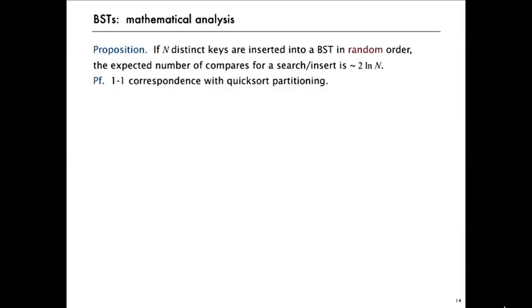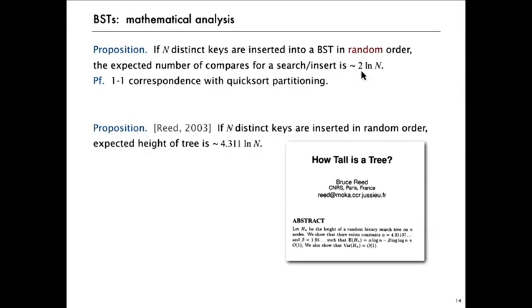In fact, this correspondence with quicksort partitioning tells us we can take that proof and prove that if you insert n distinct keys into a BST in random order, then the expected number of compares for a search and an insert is 2 natural log n. Again, about 1.39 log base 2 of n, almost the best that you could do.